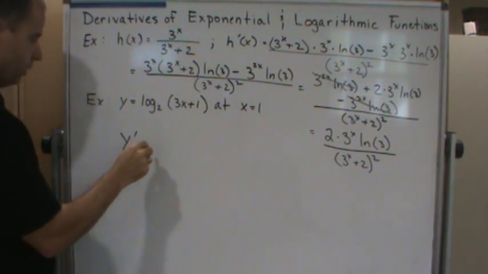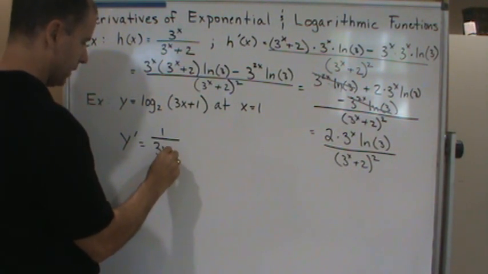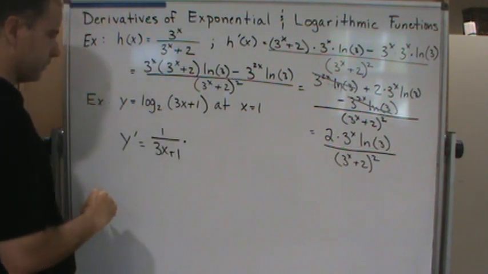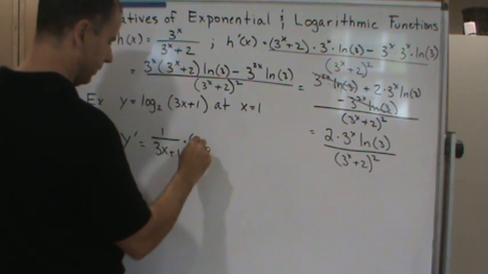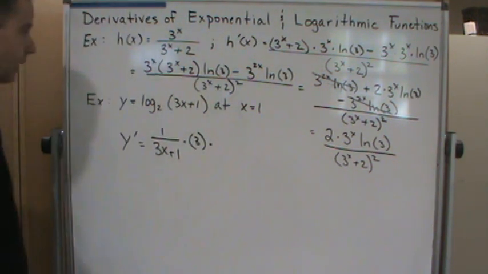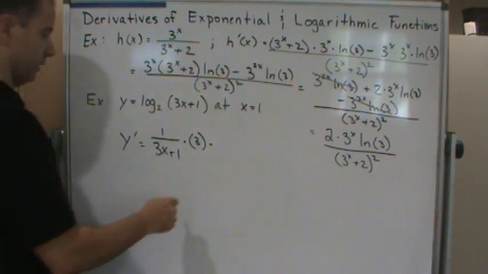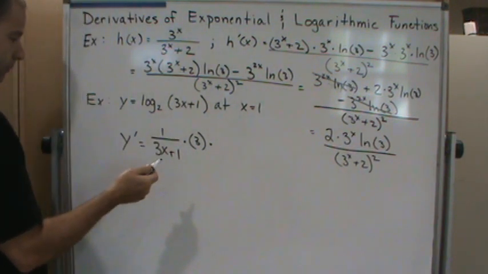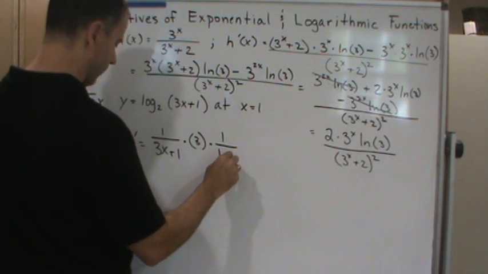Well, it's going to be 1 over 3x plus 1 times the derivative of the argument, which is 3, times what? 1 over the natural log of the base. So it's going to be 1 over the natural log of the base, which is 2.